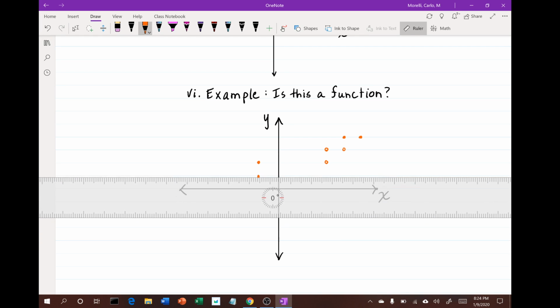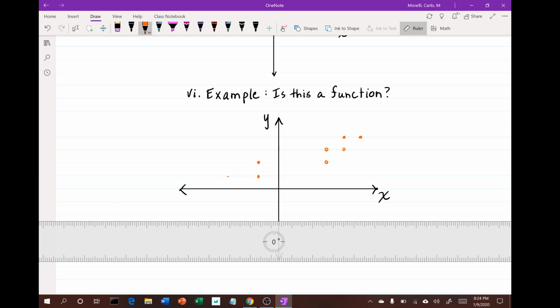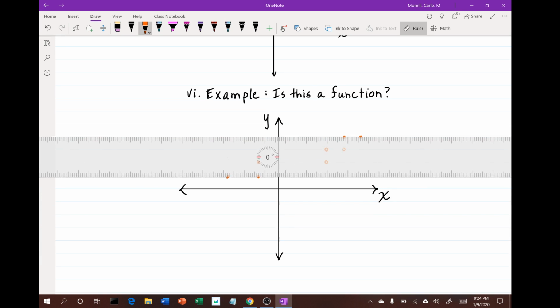Okay, probably understand where I'm going with this, but maybe not. Oh, I keep doing that. Okay, this is going to be a super confusing one. So now I need to go back up here.